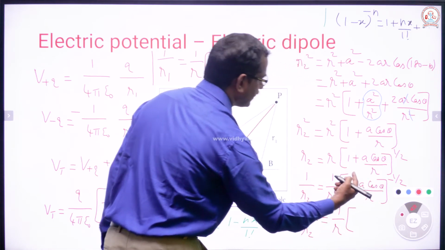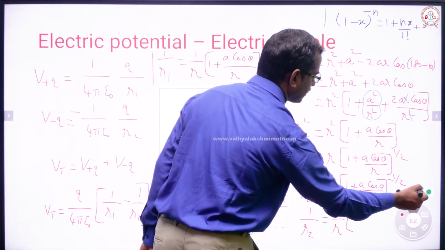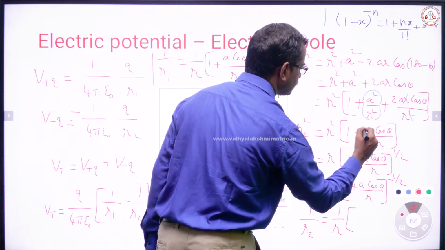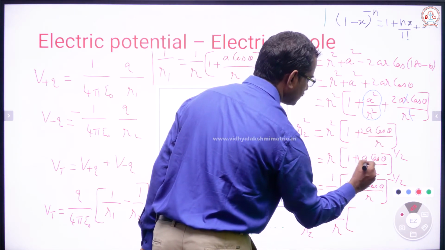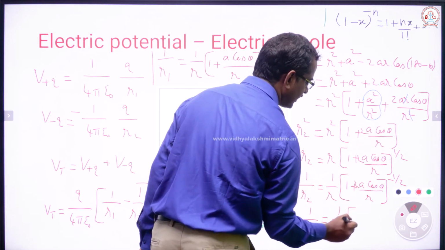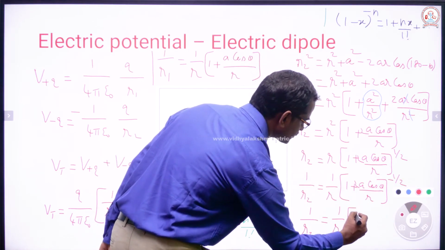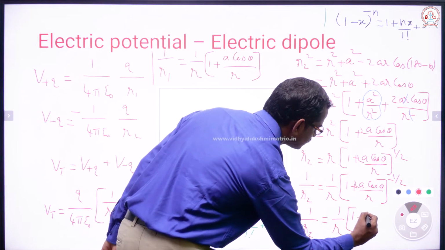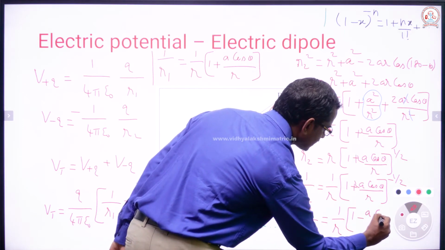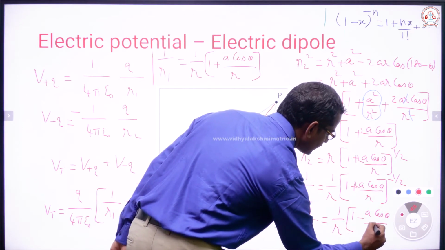The 2 and 2 get cancelled, just like the previous case. Then this becomes 1 minus a cos theta by r.